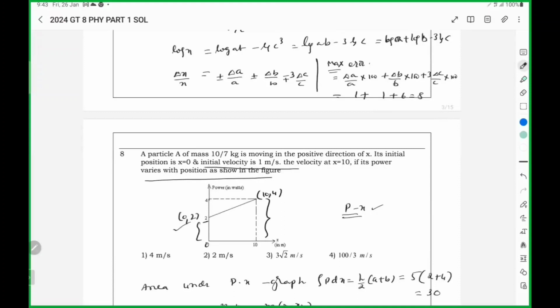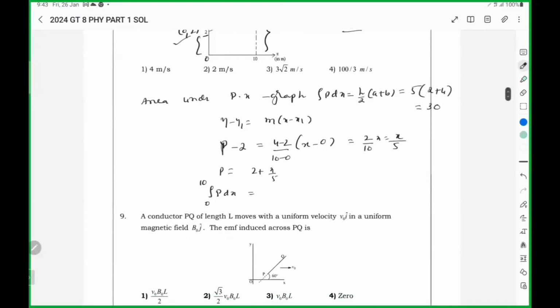Initial velocity is 1 meter per second. Velocity at 10 he is asking. So when x is 10, what will be the velocity? Initially, when x is 0, its velocity is 1, at 10 centimeters. What is its velocity?